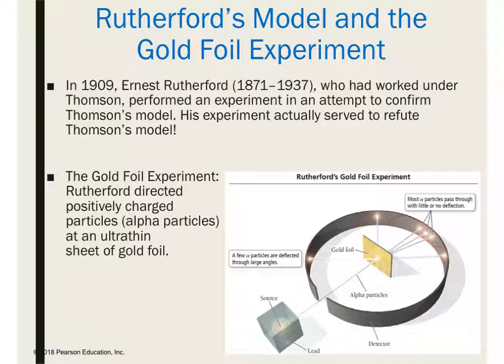The next key discovery was made by Rutherford. Rutherford had actually been a student of Thomson's, and his original research set out to verify Thomson's plum pudding model. And so what he did is he took gold foil, just to have a substance that's made up of a uniform type of atom, gold atoms in this case.